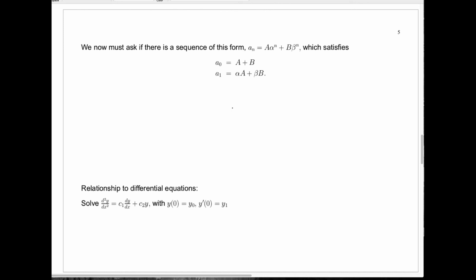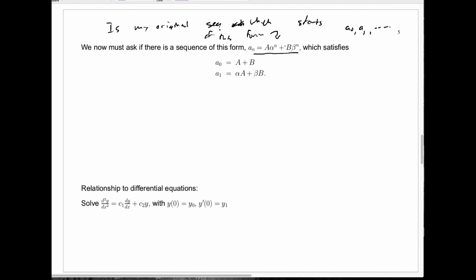And when I ask that question, let me write down the question here: is my original sequence, which starts a0, a1, and then continues, of this form, where a sub n is A times alpha to the n plus B times beta to the n?